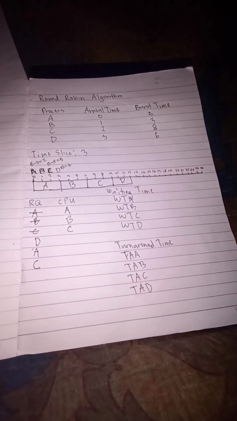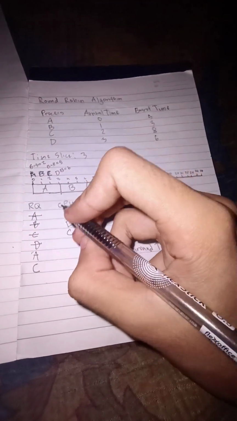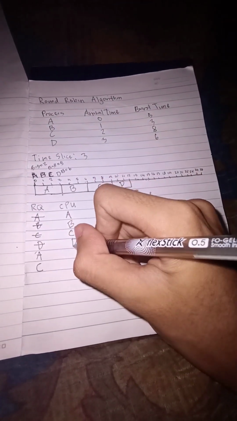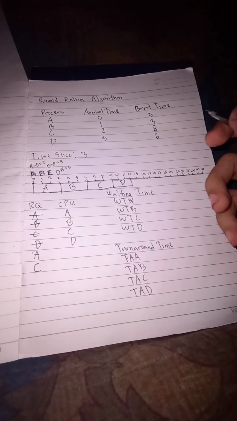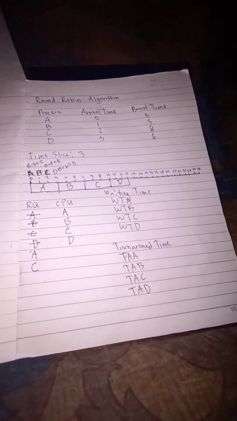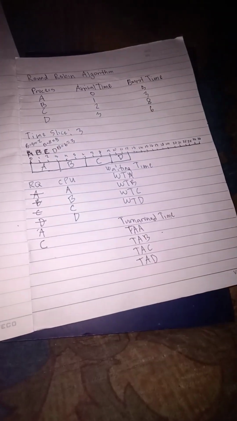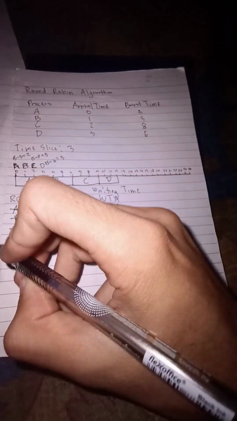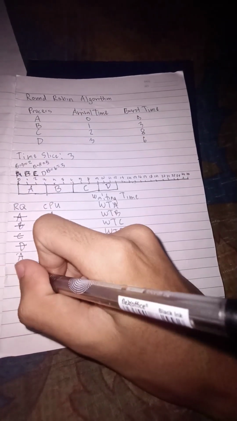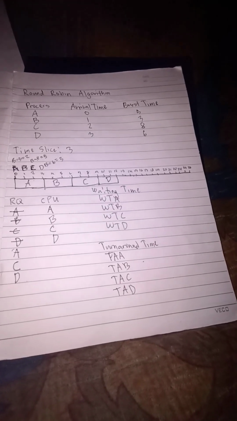D will be removed from the ready queue and will be put in the CPU. But since there are 3 burst time left, D will be going back to the ready queue after the process C.